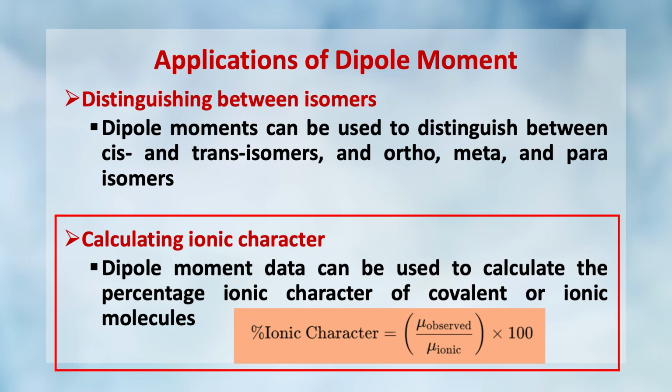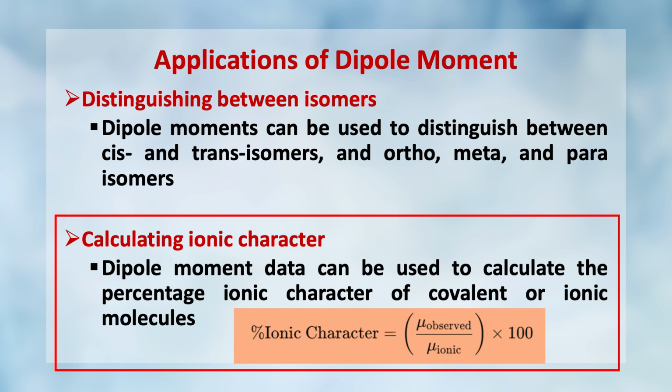Calculating ionic character is another promising application of dipole moment. Dipole moment data can be used to calculate the percentage of ionic character of covalent bond or ionic molecules. This matter we have discussed just previously. We know the expression for percentage of ionic character from dipole moment measurements.